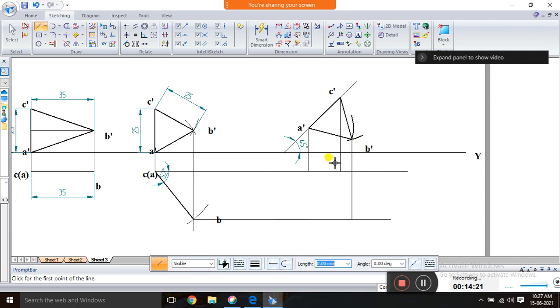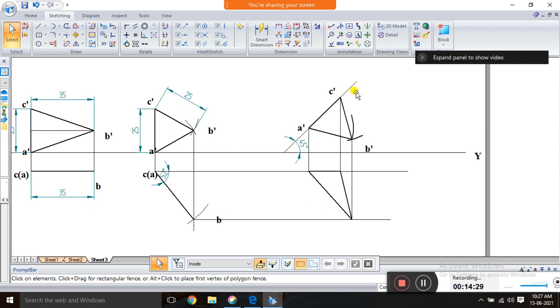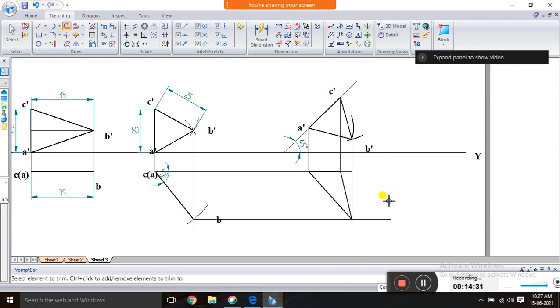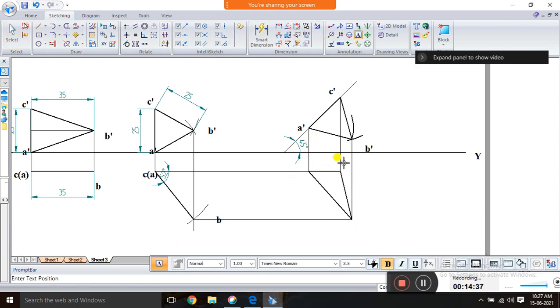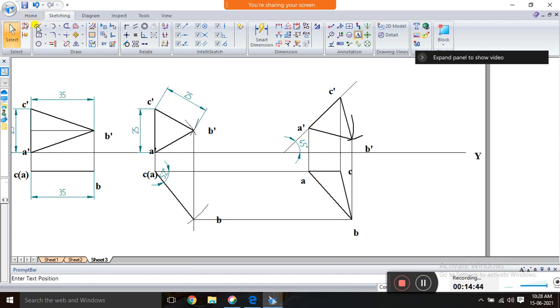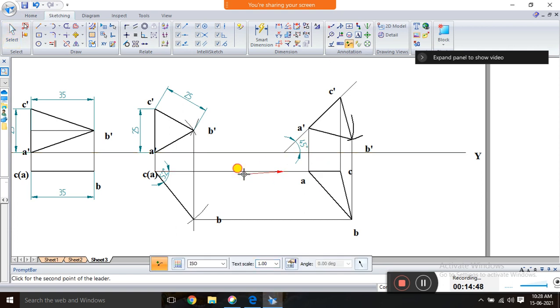Then A to B you have to join, B to C you have to join, C to A. And give the naming. This is A, this is B, and this is C. And finally you have to show the arrow mark. This is the projection arrow mark.